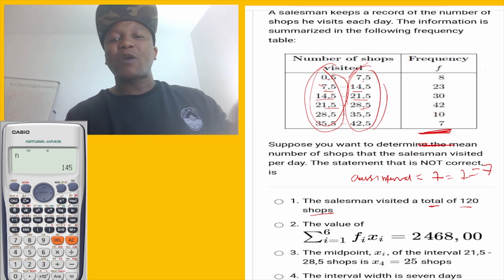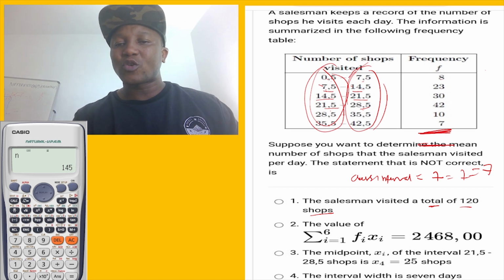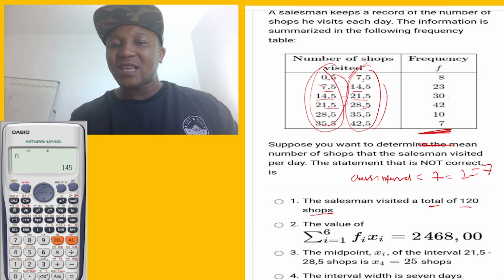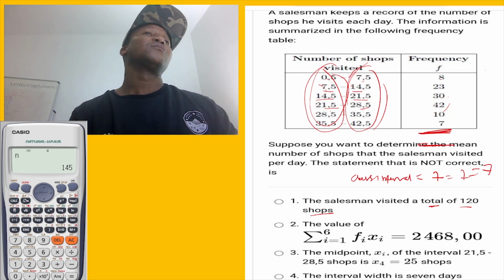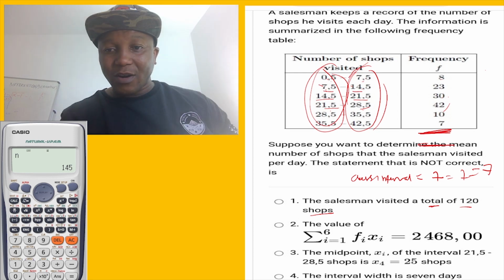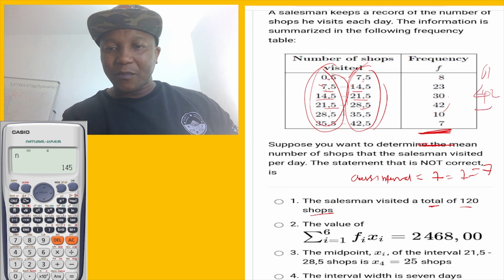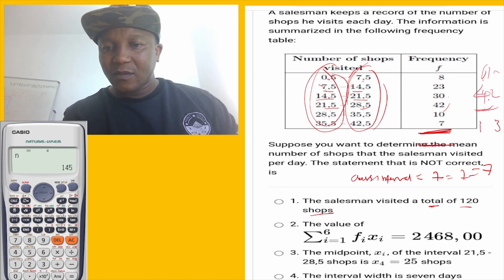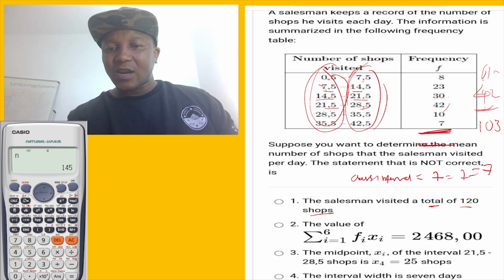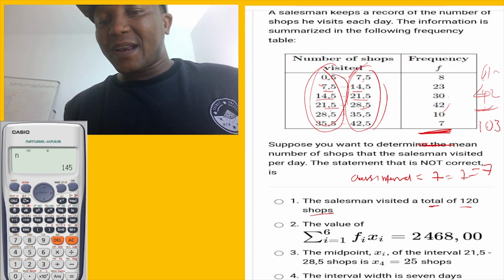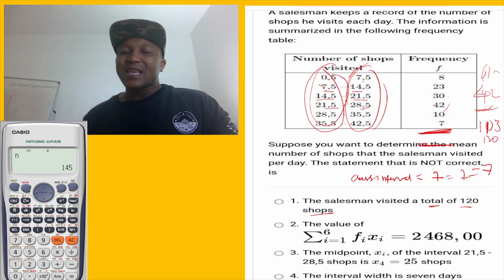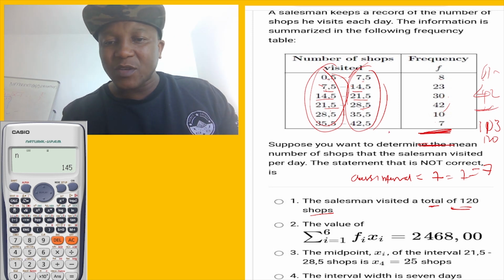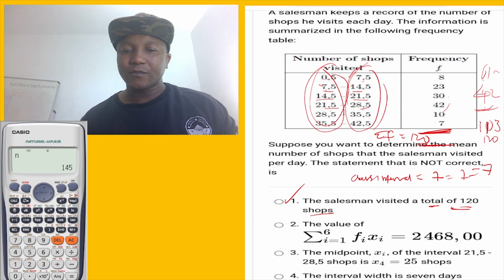I can just do it without a calculator. 23 plus 8 equals 31. 31 plus 30 equals 61. 61 plus 42 is 103. 103 plus 10 is 113. 113 plus 5 equals 120. Yes, it's true. So the total frequency, the sum of these frequencies, equals 120. So the first statement is true.